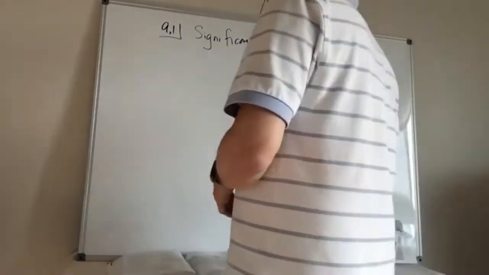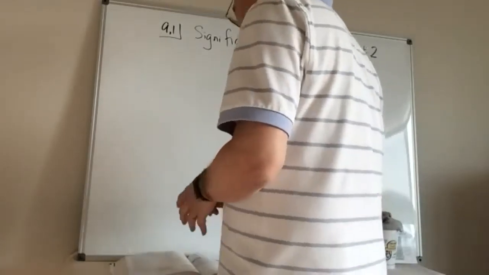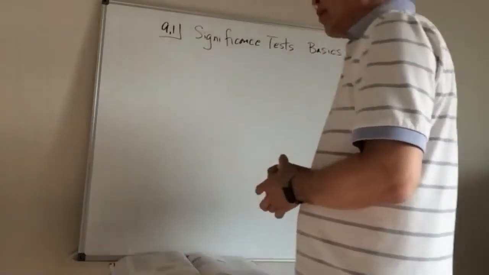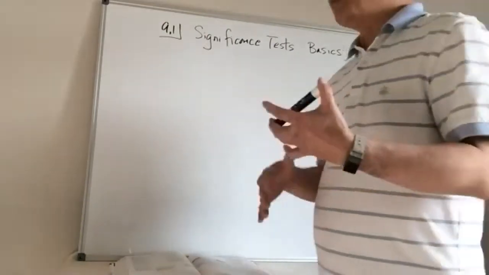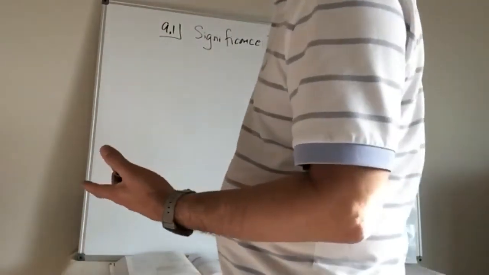All right, so we're going to continue on, and in the second part, we're going to talk about type 1 and type 2 errors. When we're doing these tests, there are two types of errors that can happen.